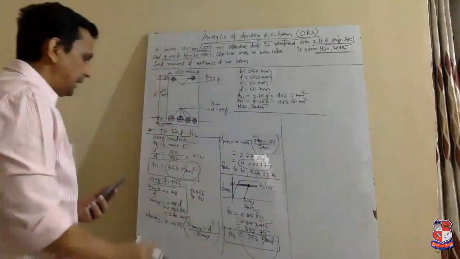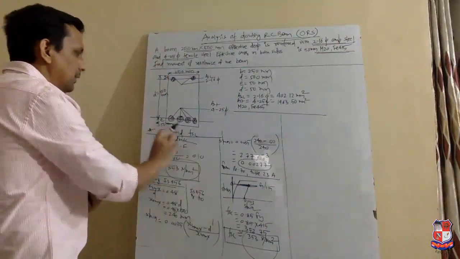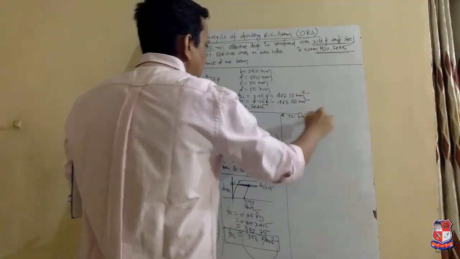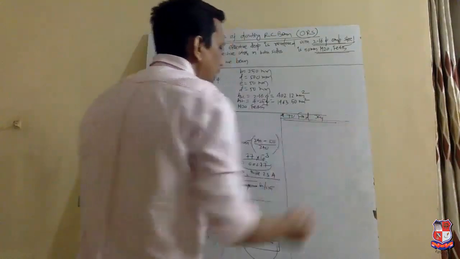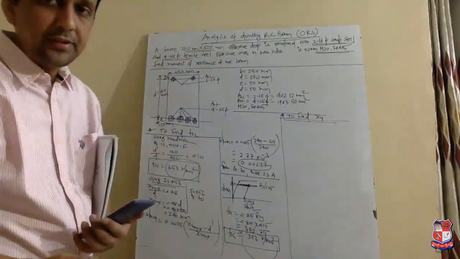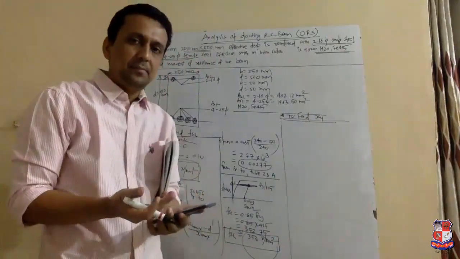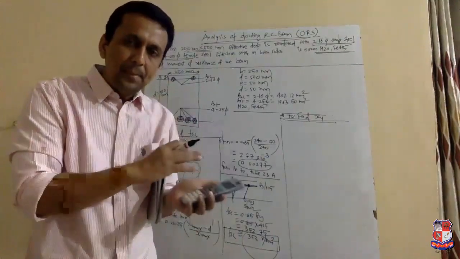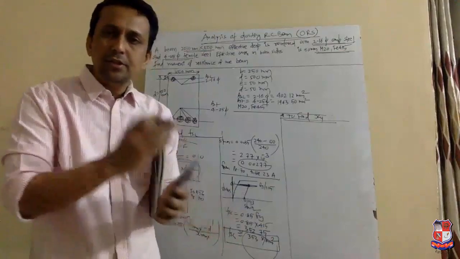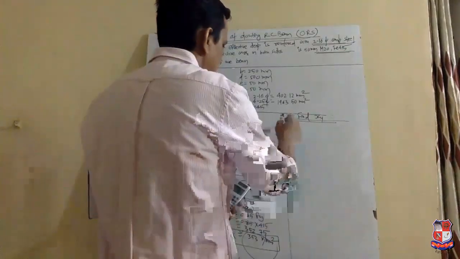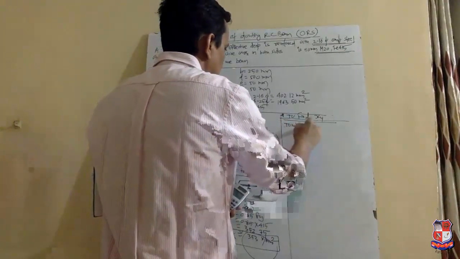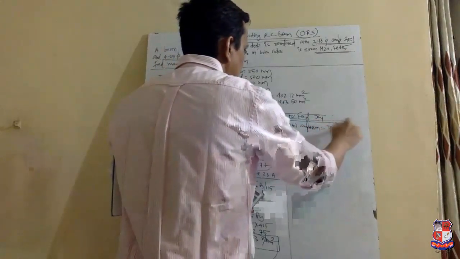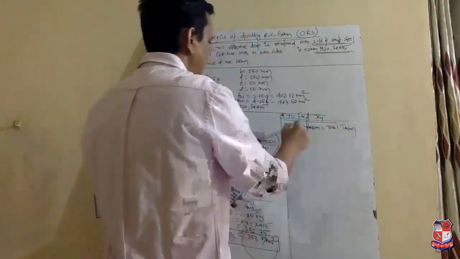Once we find the fsc, next we have to find the value of xu, which is the depth of neutral axis. So in a doubly reinforced beam, how do we calculate the value of xu? We compare total compression equal to total tension.